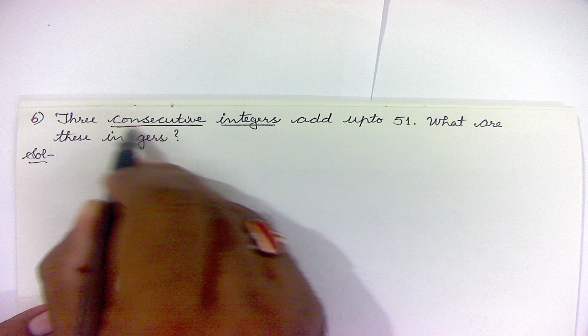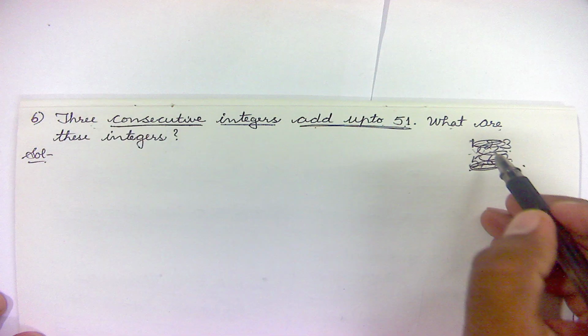Again, the reason being that they are continuously written one after the other. So now we have three integers which come one after the other, and they add up to 51, meaning on adding the three integers you get the sum as 51. You have to tell what these integers are. For this, because consecutive integers come one after another, their difference will be equal to 1.